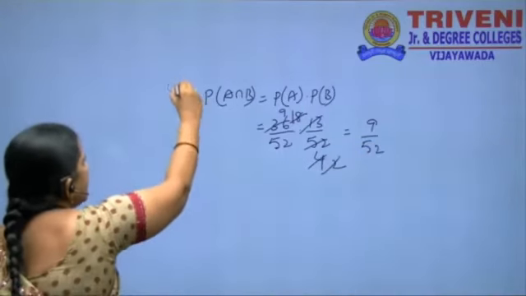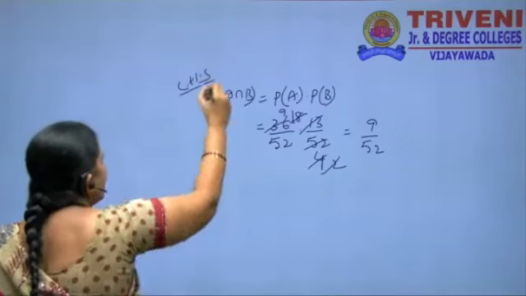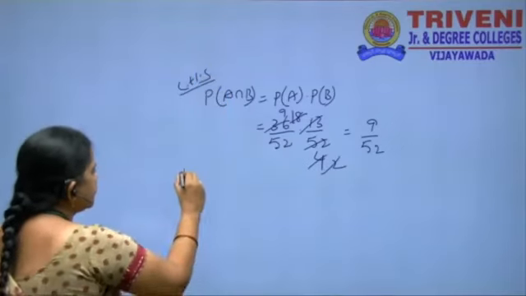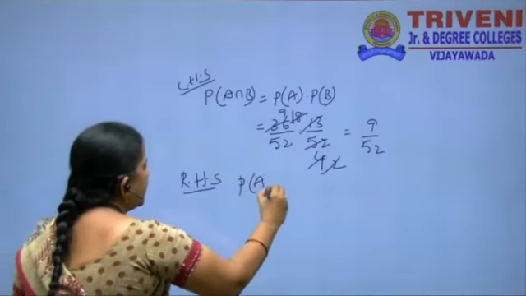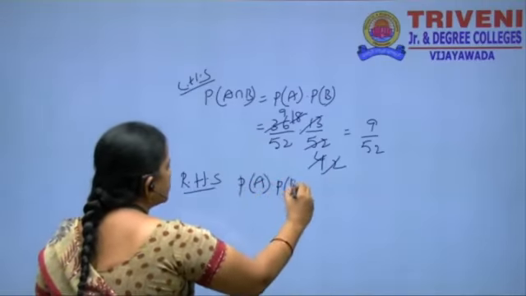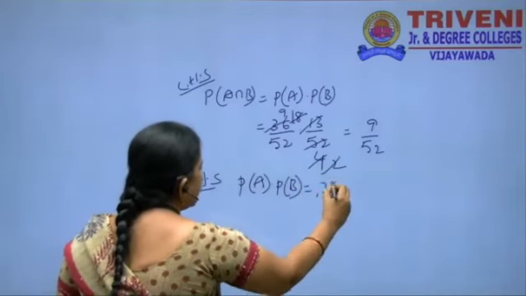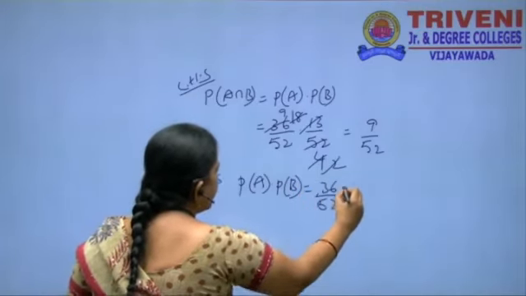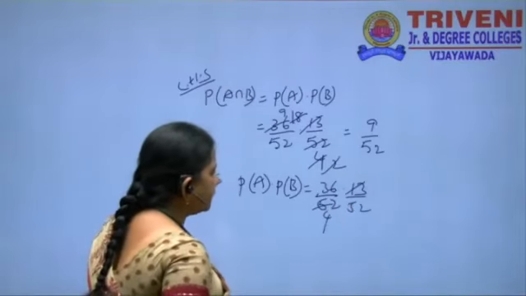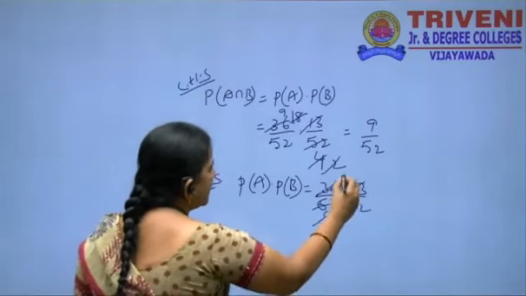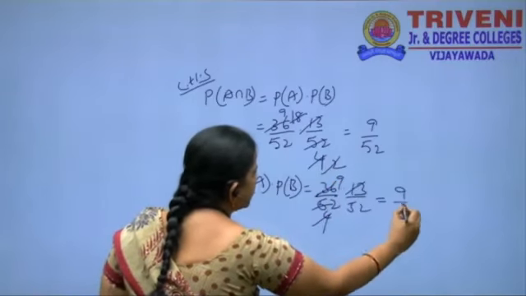This is the LHS. Then we have to show that the value of the RHS, P of A into P of B, that is 36 by 52 and 13 by 52. Here also we cancel 4 times, and here we can cancel 9 times, giving 9 by 52.